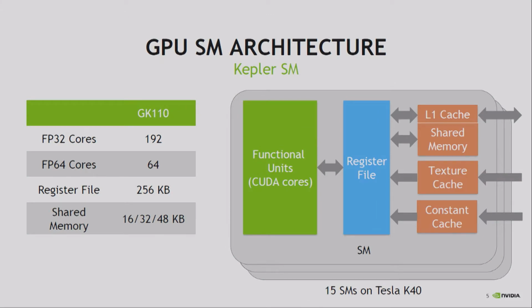And the numbers are here. Each SM has what we call cores, like CUDA cores. We have 192 single precision floating point cores and 64 double precision floating point cores. What it means is that each SM can effectively do 64 floating point instructions, 64 FMAs per clock.